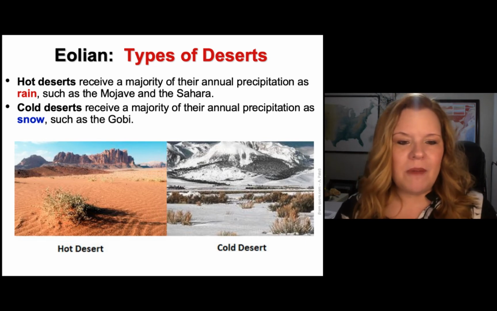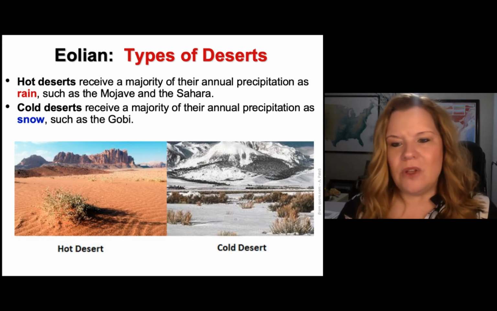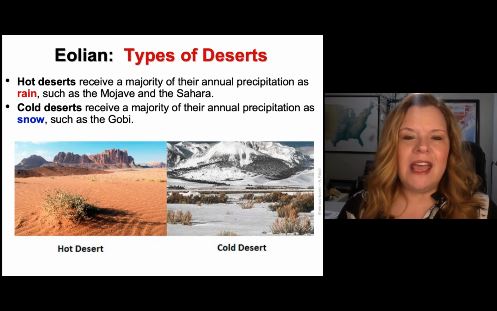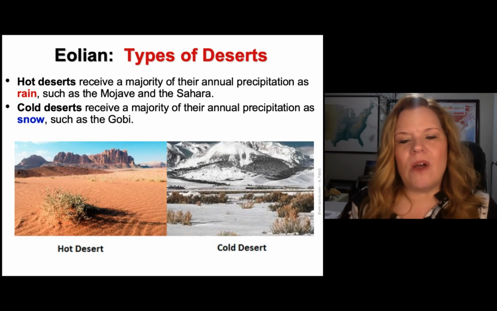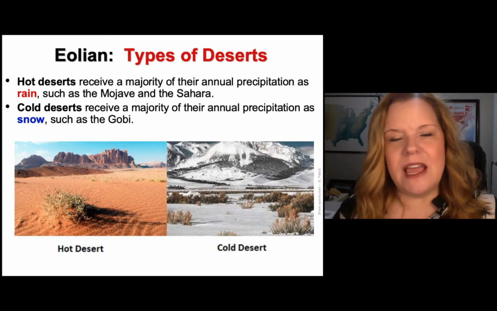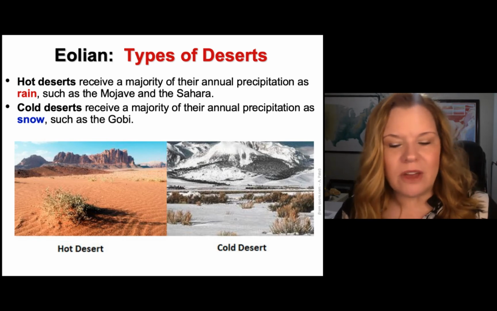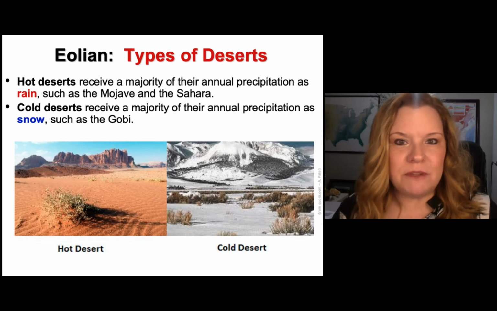When you see a hot desert on the left and a cold desert on the right, this is the Gobi on the right, and on the left you see the Mojave. You can begin to go, okay, I can see the difference. And you could imagine the weathering processes would be different based on how and what type of precipitation and how much an area receives.